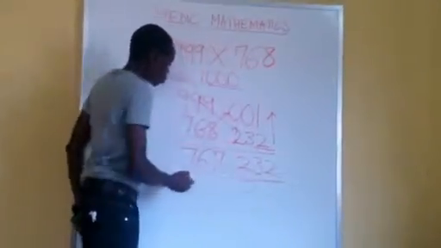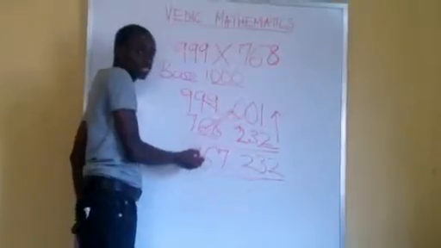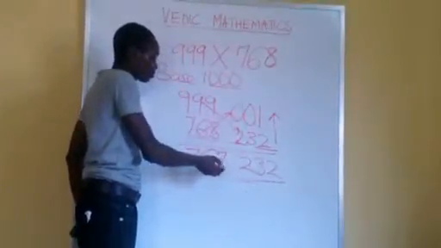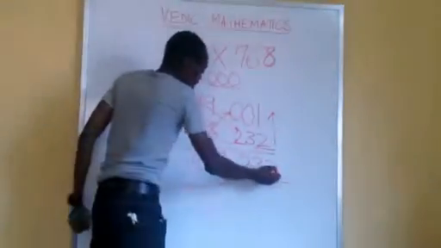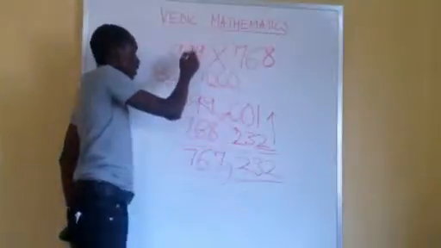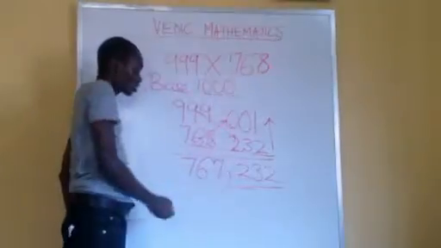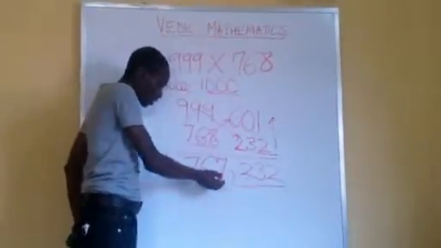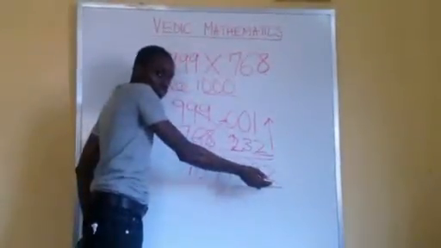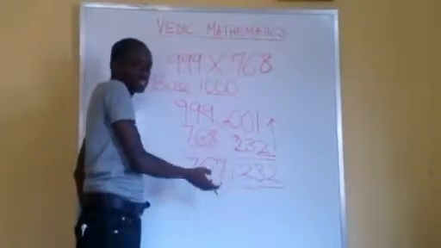So our answer here is 767,232. So 999 times 768 gives us 767,232. You can actually confirm this answer with your calculator.